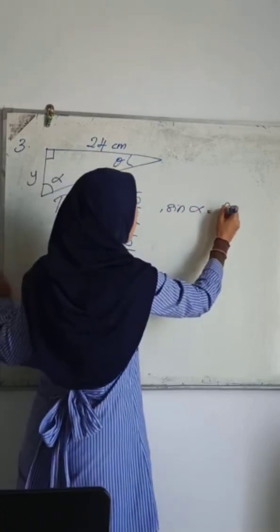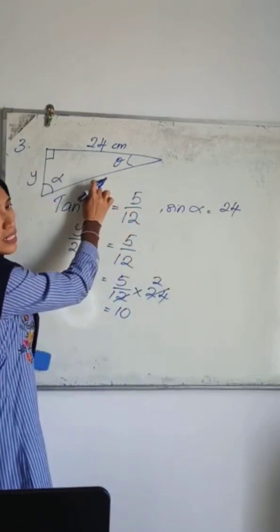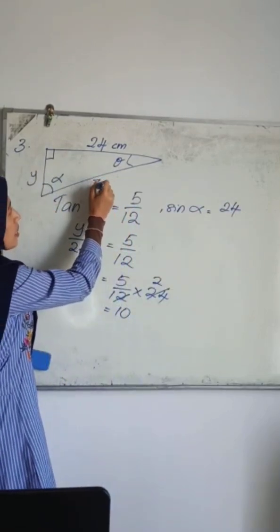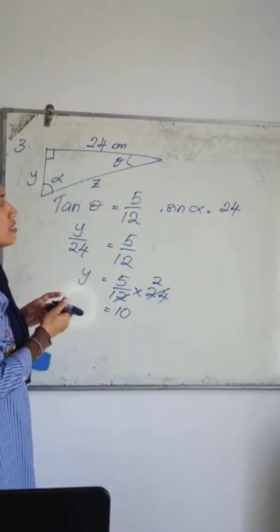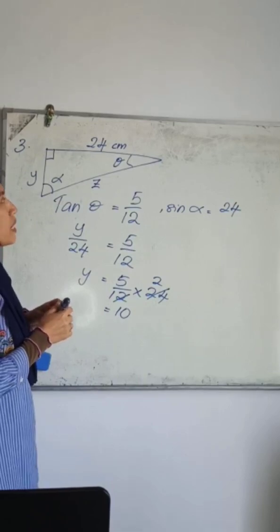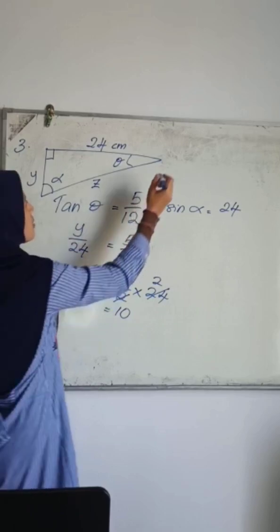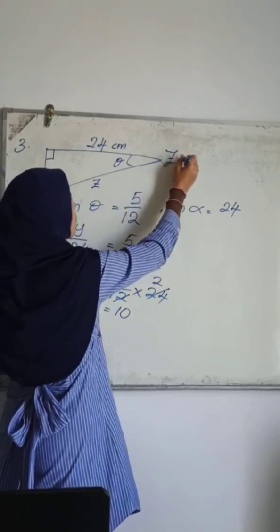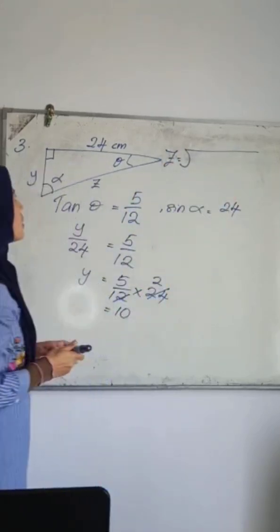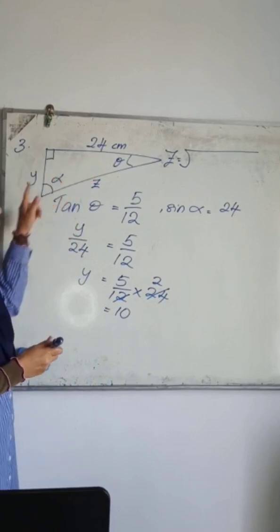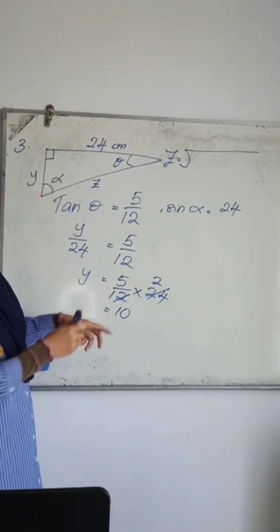So 24 per hypotenuse, let's say z. We can find z by using Pythagoras theorem. z is equal to the square root of 24 squared plus 10 squared.